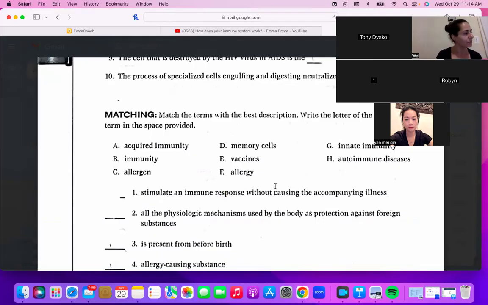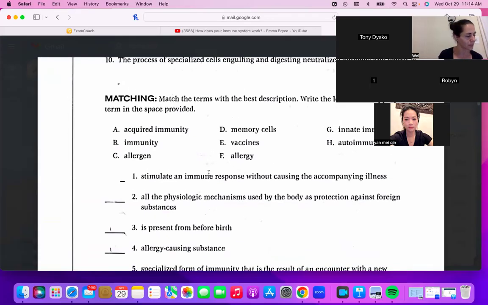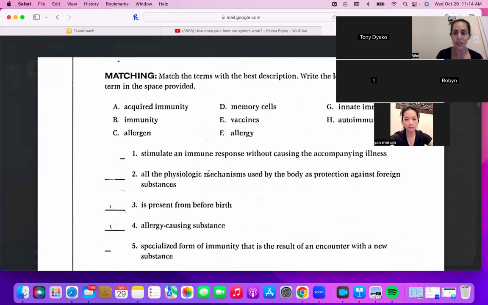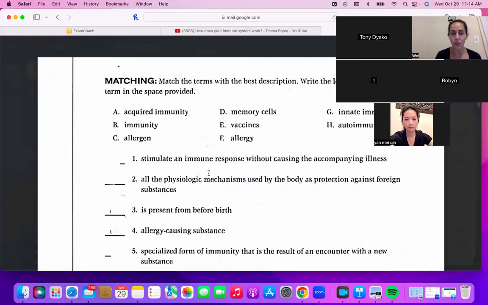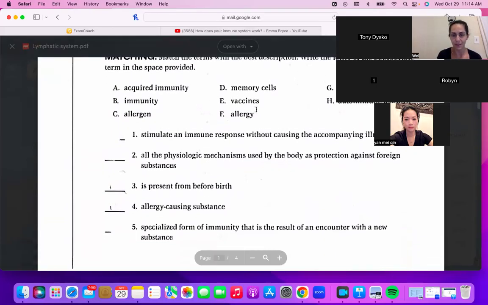So we have next, we can do this together, and for the questions I'll give you time to do them yourselves. Match the best description when it comes to the types of immunity and disease and allergen. We have 3, 6, 7, 8.